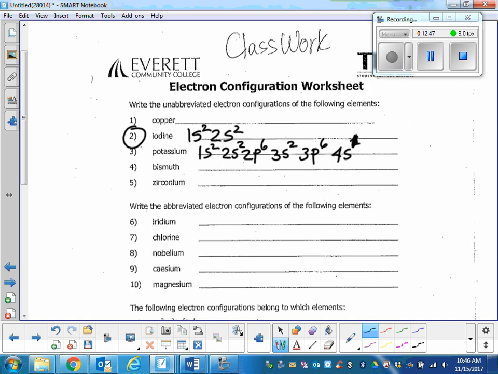Are we getting an idea of how this is being filled? Yes. The exponents are the number of electrons that can go into that particular orbital. Remember, if you follow patterns, you can count boxes, Ryan.